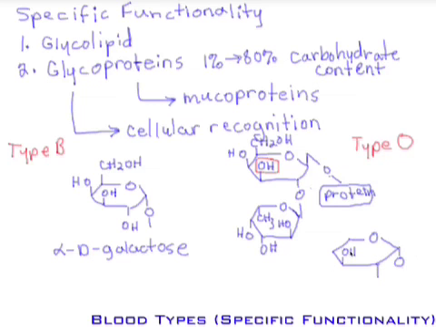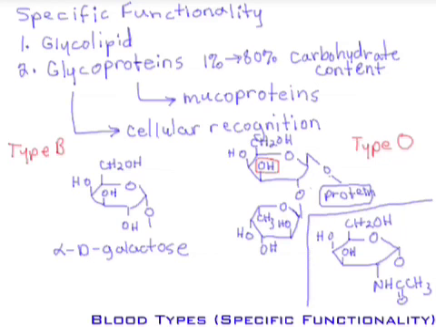So it is a D-galactose. But instead of carbon 2 of the OH, we have an N-acetyl group. If that's attached in place of the OH, we get what is known as type A blood.